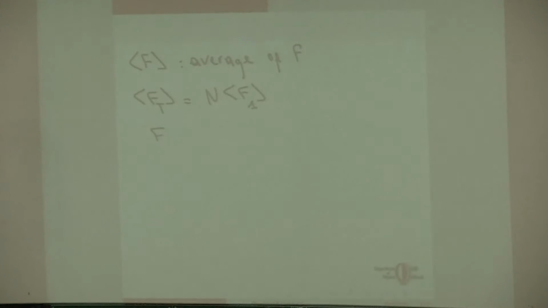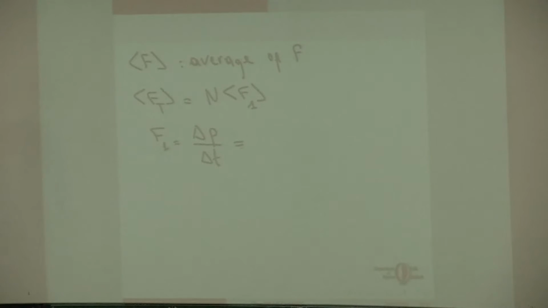Well, what is the average force of a single atom? Well, remember the definition of the force exerted by an object as its momentum is changing. So the average force is the change in the momentum divided by the time it takes for this change to happen.